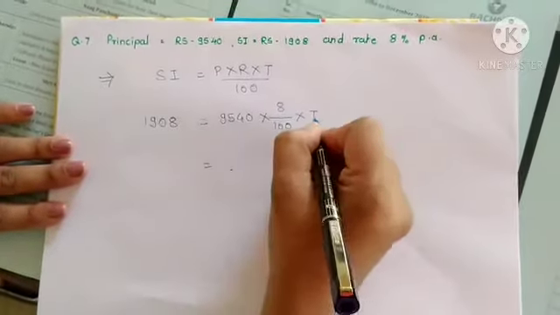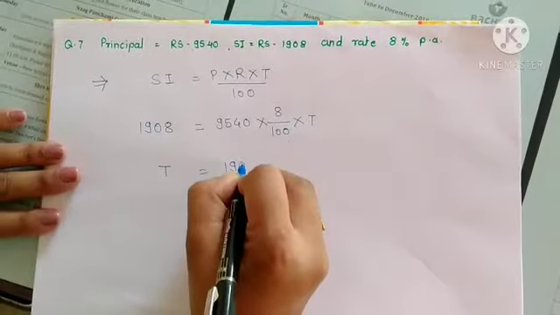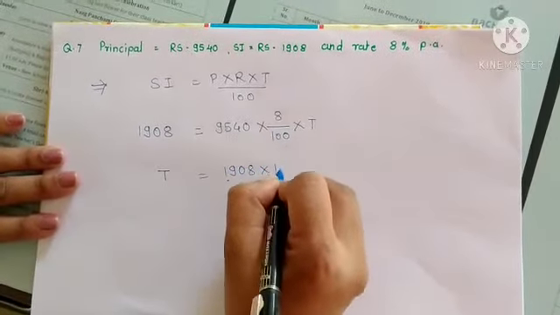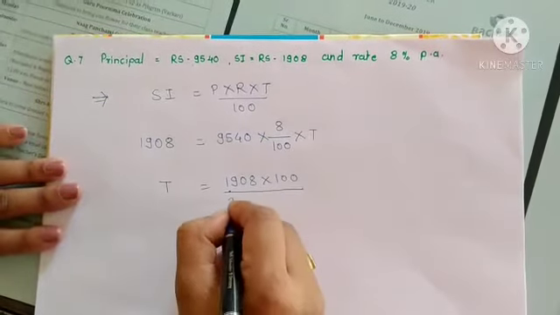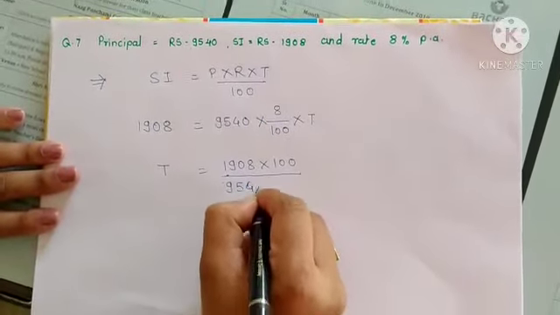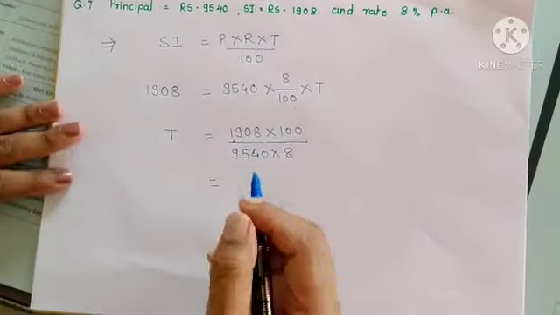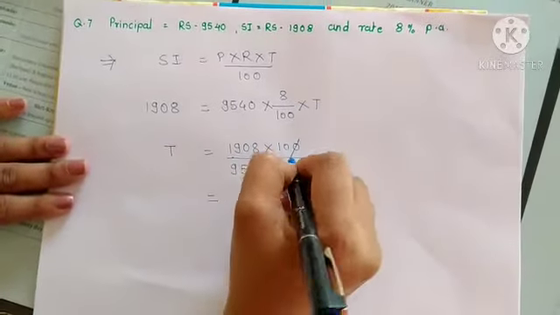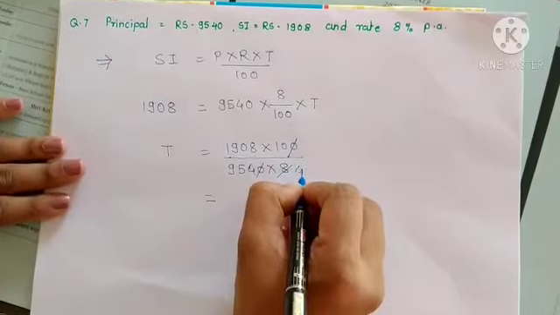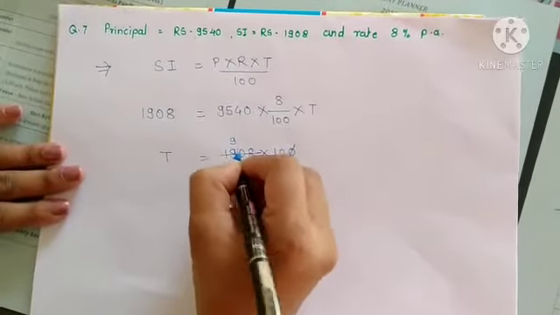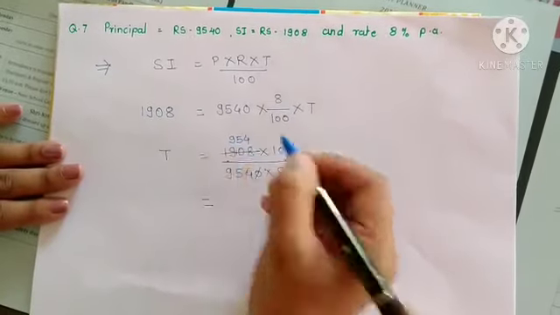Now I am going to transfer this T to this side. So T is equal to 1908 multiplied by 100, and this 2 I am going to write downside as a denominator, 8. Okay, now again I am going to reduce this. 1 zero cancels with this 1 zero. 2 4s are 8, 2 9s are 18, 2 5s are 10, 2 4s are 8.